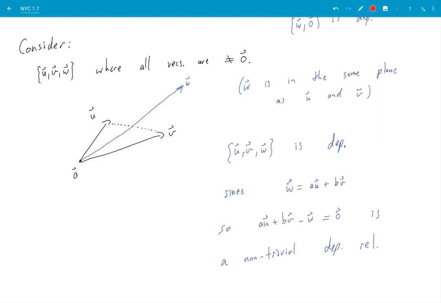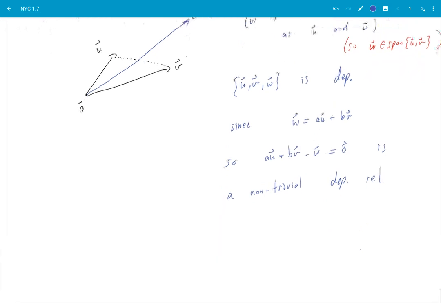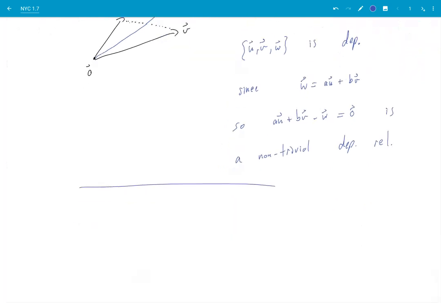Okay, I want to note here that what this means is W is in the span of U and V. But how about if W is not?